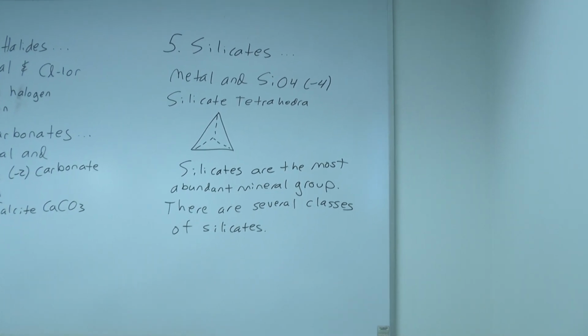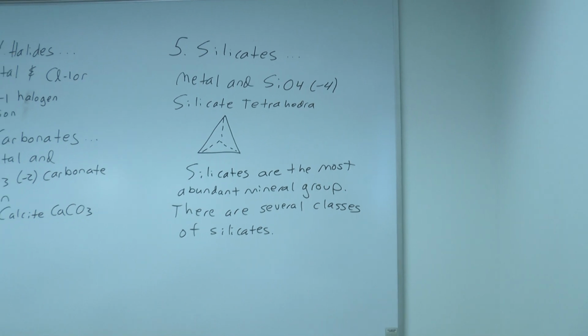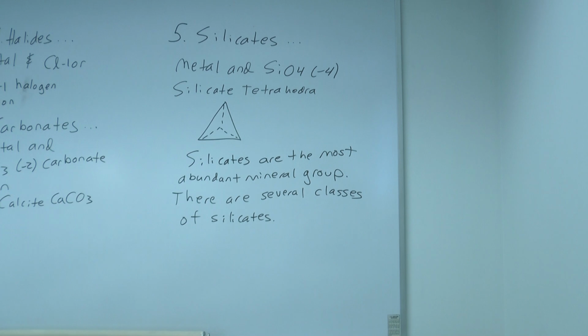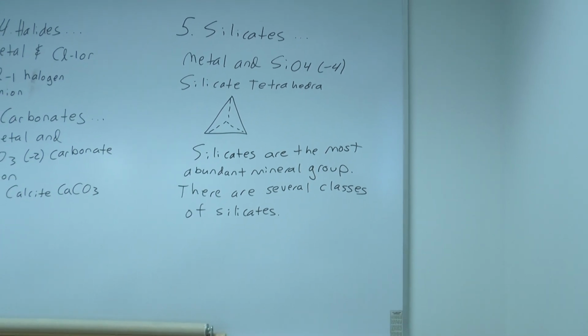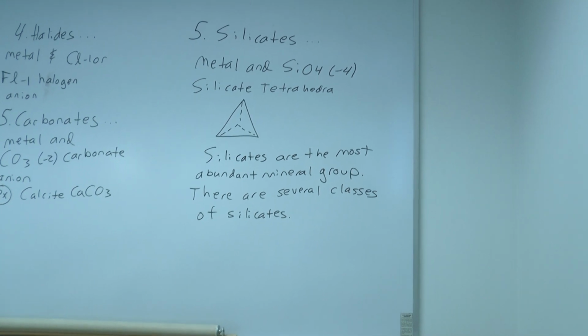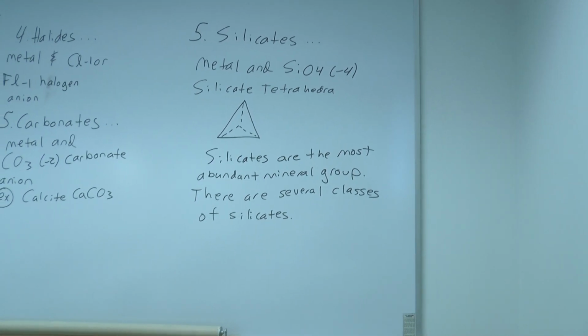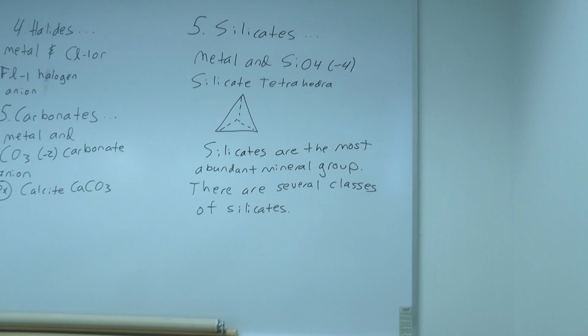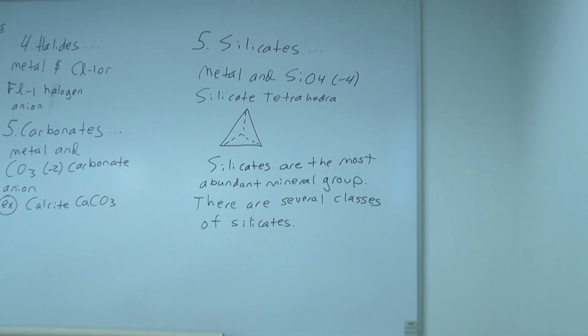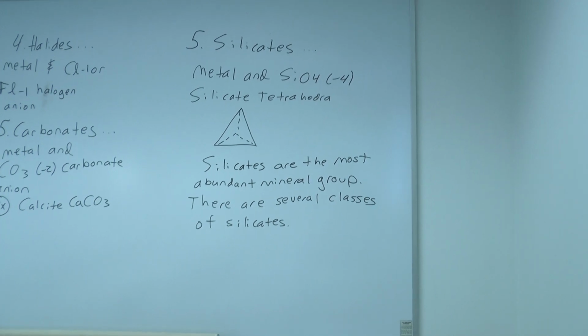So the silicate tetrahedra, imagine one small silicon atom surrounded by 4 larger oxygen atoms. How do we draw that in class? Well, we make what I have on the board here. How do you draw that in your notebook? Make a triangle first, and then you're going to go from each of the 3 corners with dashed lines to the center. The dashed lines will meet in the center.